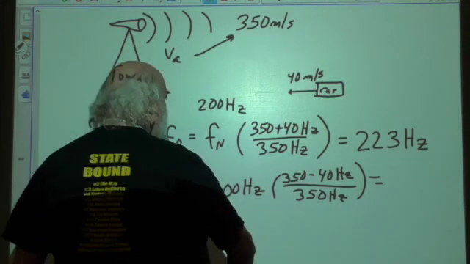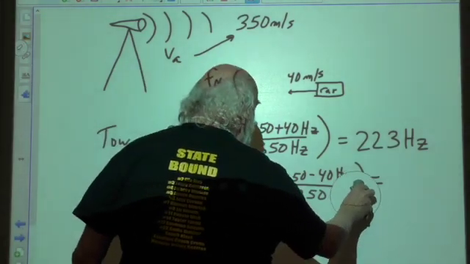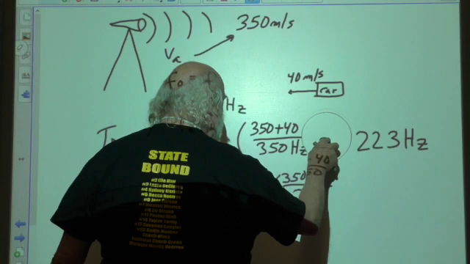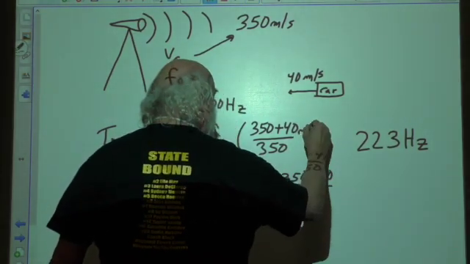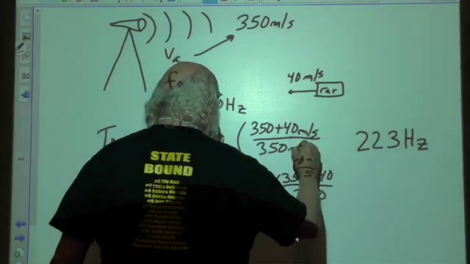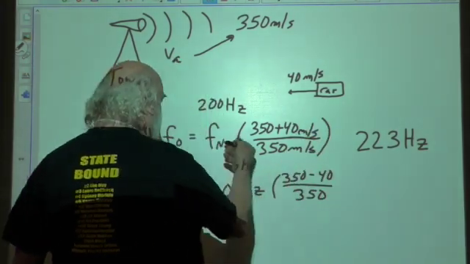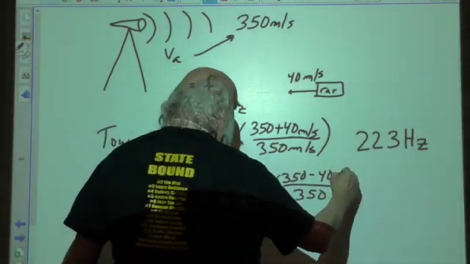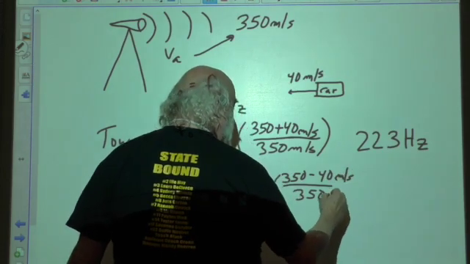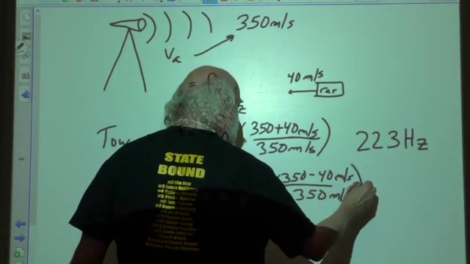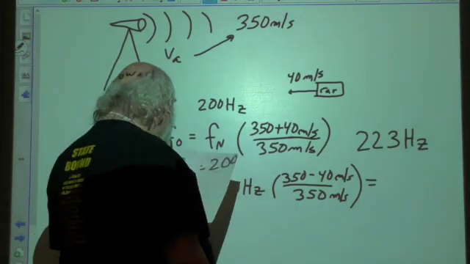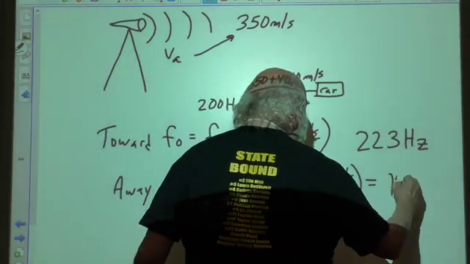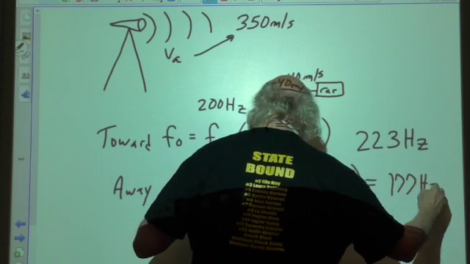And that's not hertz, that's meters per second. Sorry. Let's get this fixed over here too. It's meters per second. They all cancel out, because we're dealing with velocities, meters per second. And this gives us a value of 177 hertz.